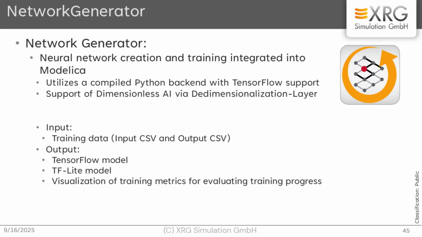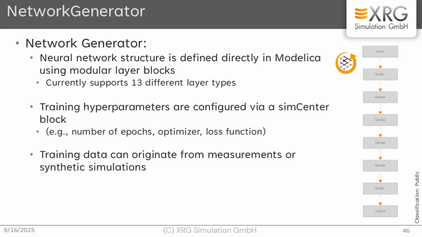The TensorFlow model is for if you want to adjust something in Python or whatever. This is just an outcome of our training process because we're using TensorFlow and then exporting into TensorFlow Lite. And we also get some visualization of our training metrics, how good our training process was. And we will see that later.